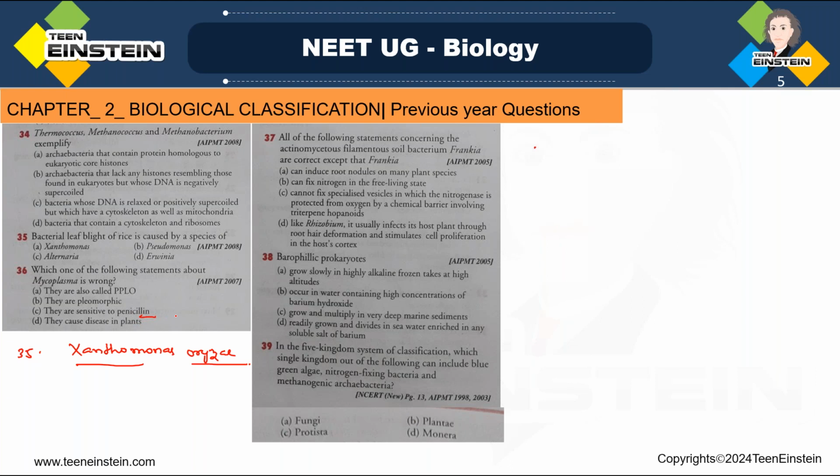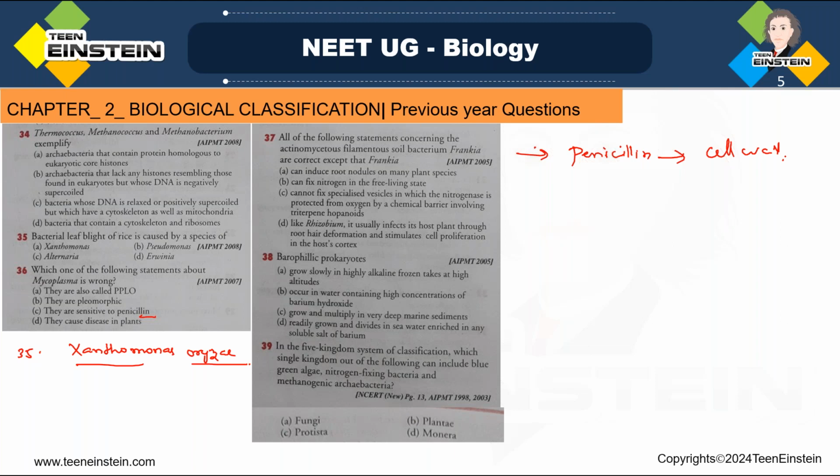And how can we correct this statement? If it is wrong, you should correct that statement and learn. See, mycoplasma is not at all sensitive to penicillin, because penicillin acts on the cell wall, right? Where will penicillin act? Penicillin usually works on the cell wall. And we know that mycoplasma doesn't have a cell wall.